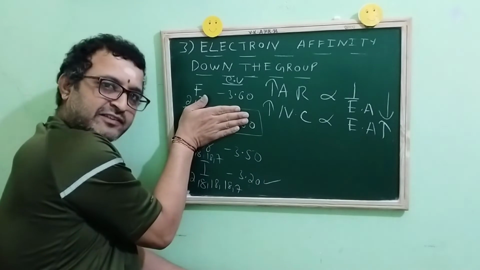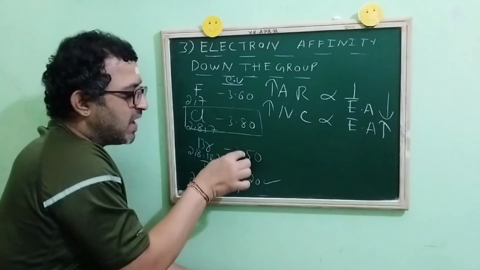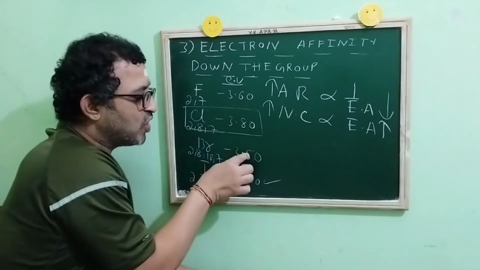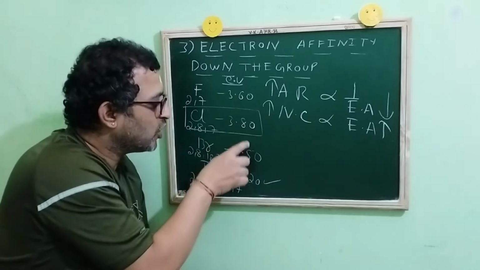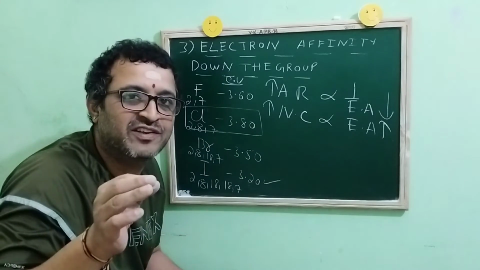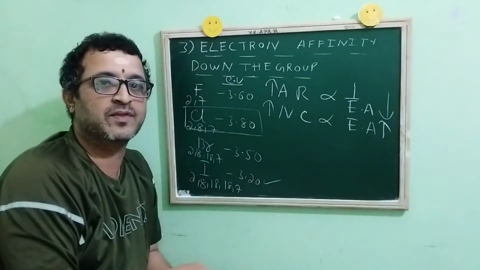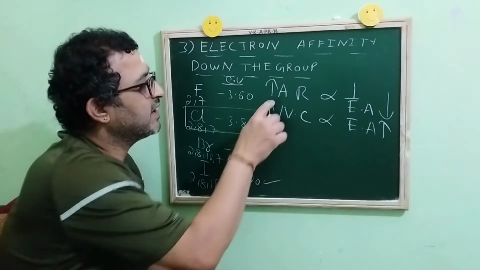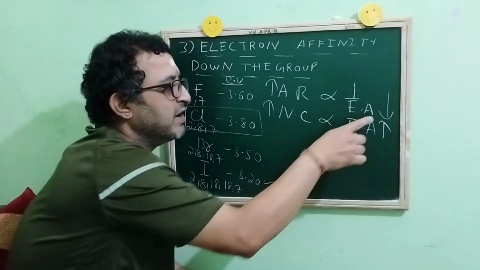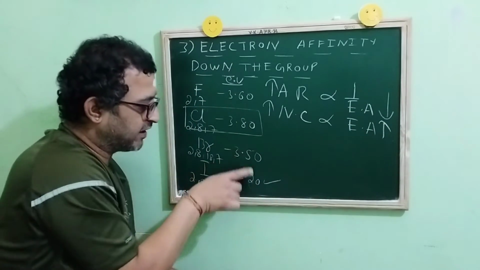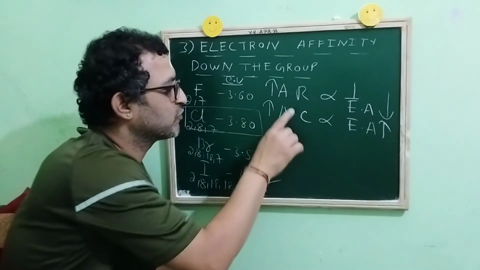If you exclude this, what is happening to the values of electron affinity when you go down the group? The electron affinity values are continuously decreasing, right? Sir, atomic radius increases, fine, electron affinity decreases. Yes, it is decreasing. Correct. No problem with this one.